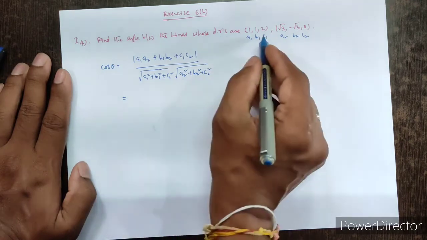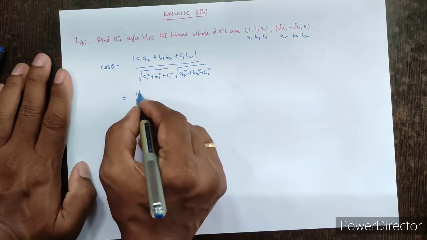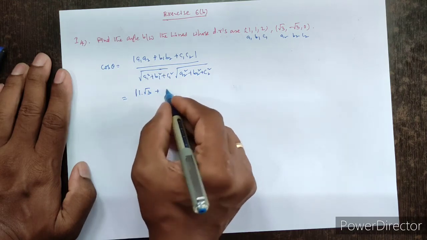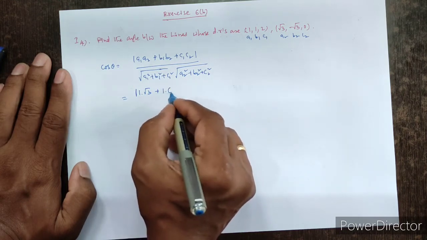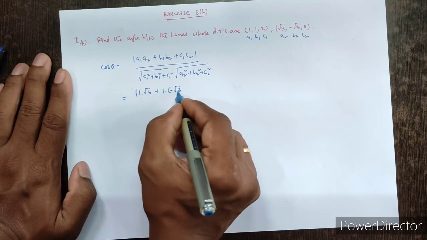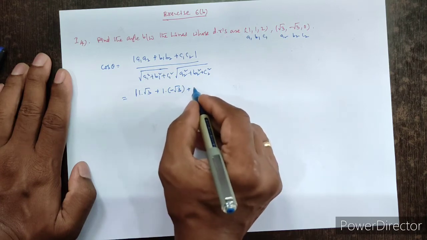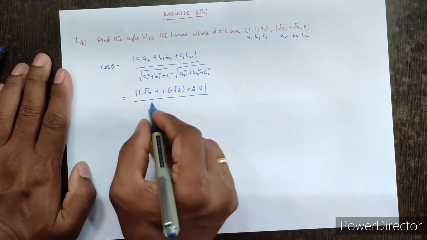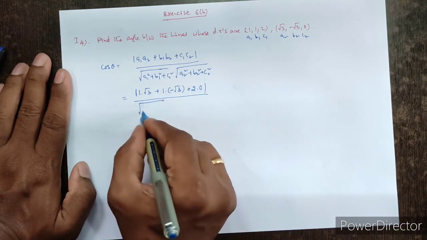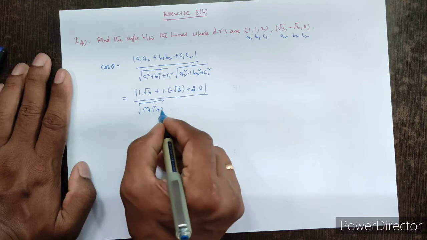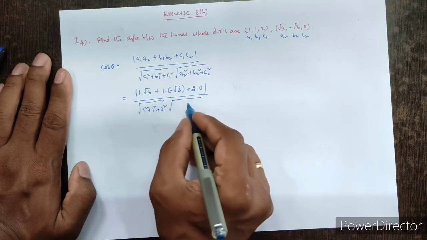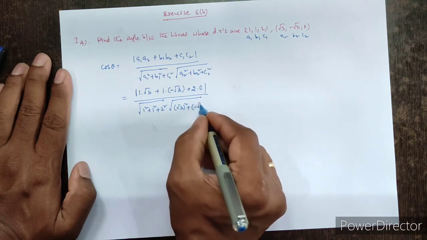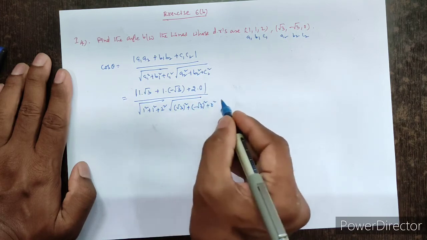So modulus of 1 into root 3 plus 1 into minus root 3 plus 2 into 0, divided by root of 1 square plus 1 square plus 2 square, into root of root 3 whole square plus minus root 3 whole square plus 0 square.